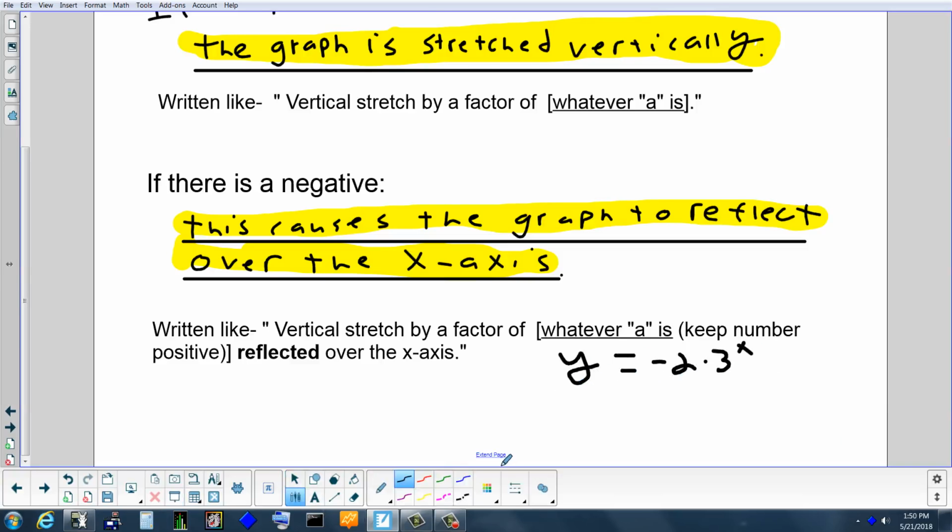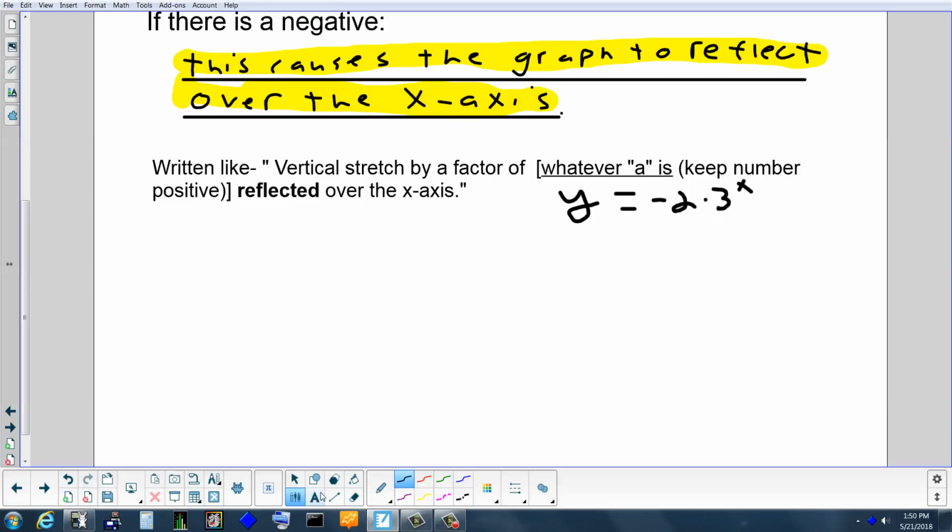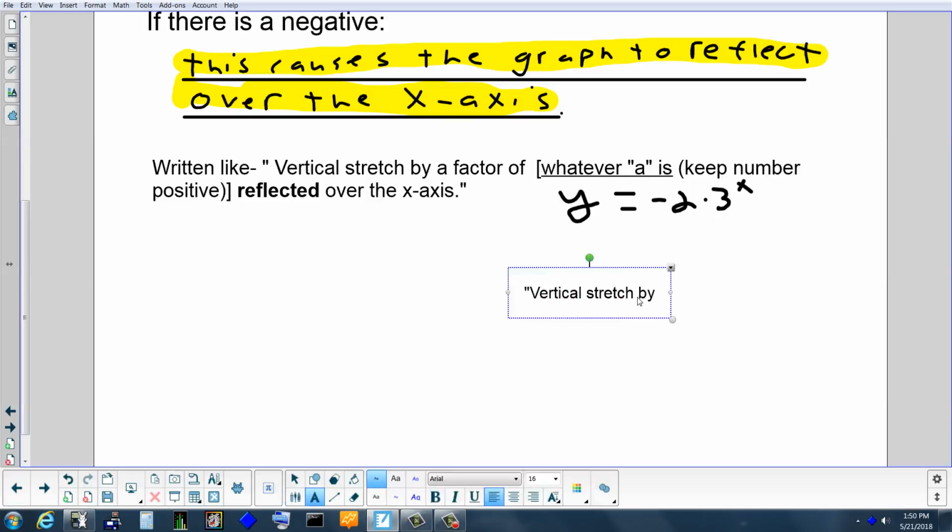So say we gave you this as an example: y equals negative 2 times 3 to the x. How would I write my answer? You have it on your notes. Guys, all you're doing is a fill in the blanks. We're giving you the sentence, you just have to write in the numbers. In this function, what number is in the a spot, or what number comes first?